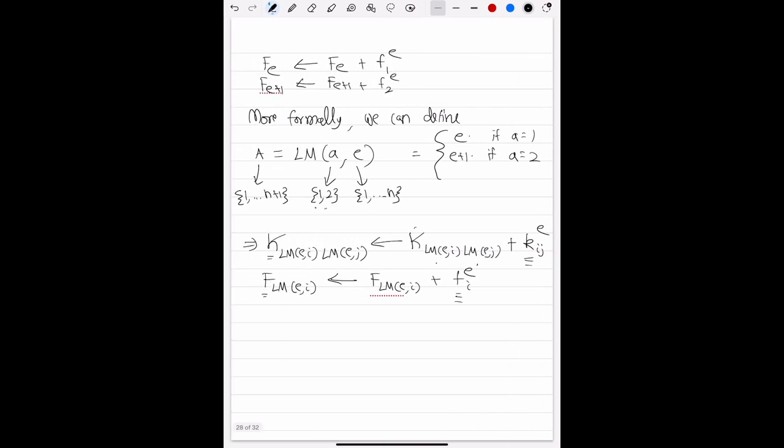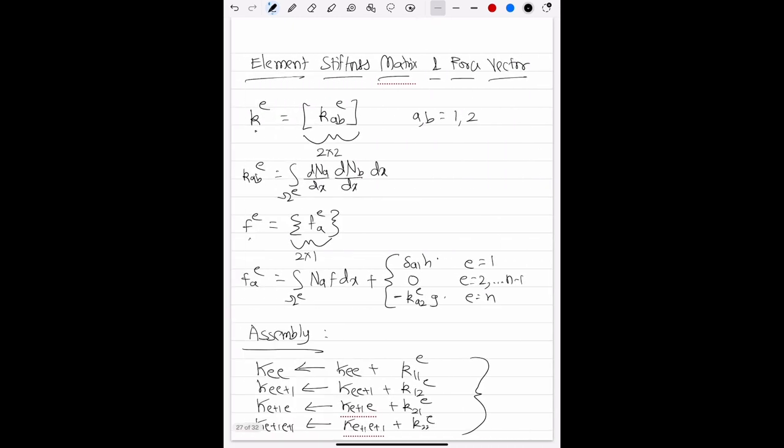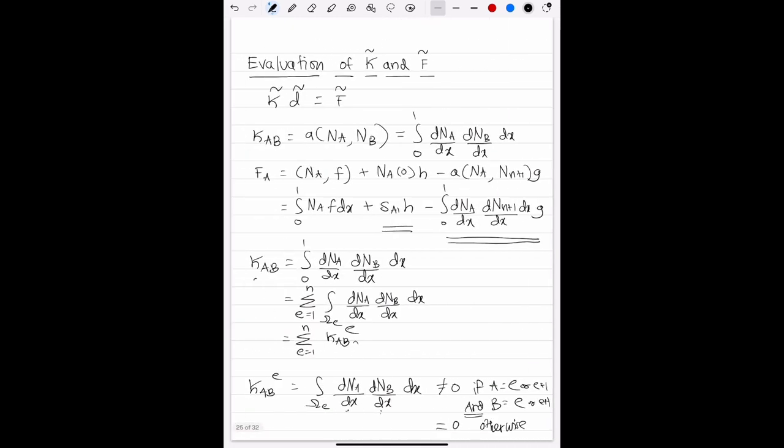Once we do that, we can use the assembly process over here to assemble the global stiffness matrix capital K and the global force vector capital F. And once we do that, we can then solve the matrix equation KD equal to F to evaluate the unknown solution vector D. In the next lecture, I'll walk you through a computer program that does exactly that, and then we can get hands-on experience of how to solve the Poisson's equation in 1D using the finite element method. Thank you for listening, and I hope you learned something.